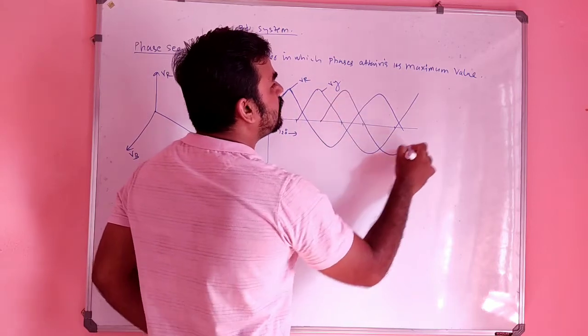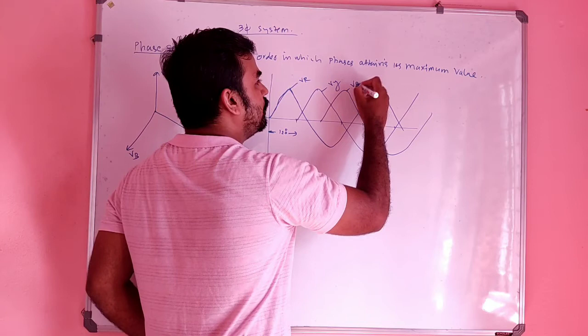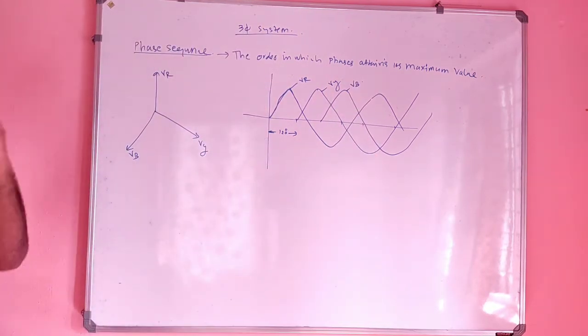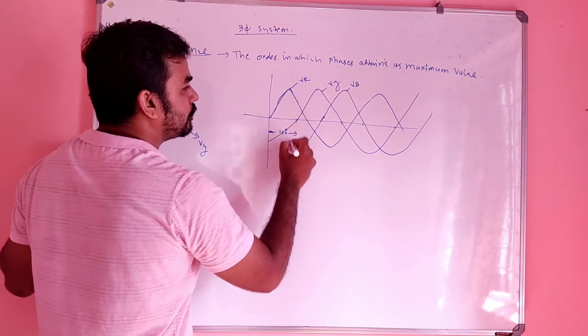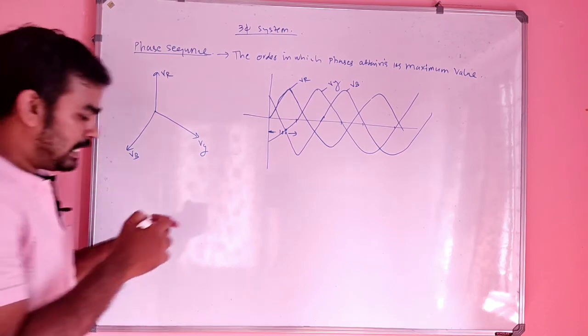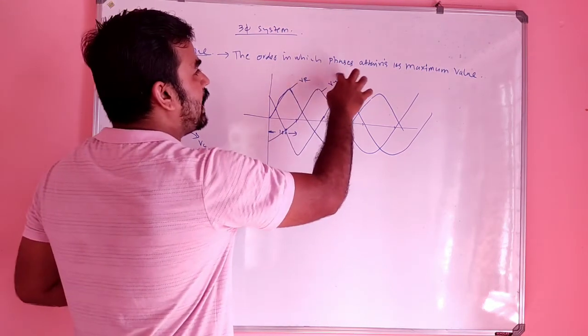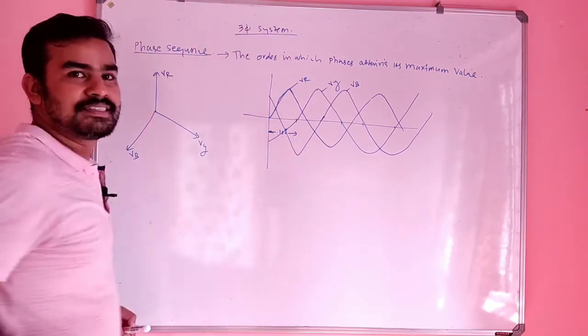And after the Y wave attained the maximum, only that phasor Vb attains its maximum. Vb attained its maximum, that means positive maximum, correct? So the order in which it attains its maximum is termed as phase sequence.